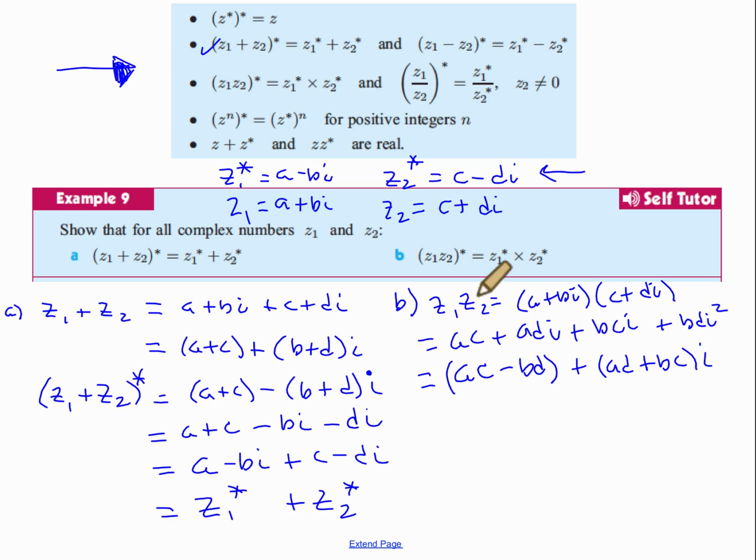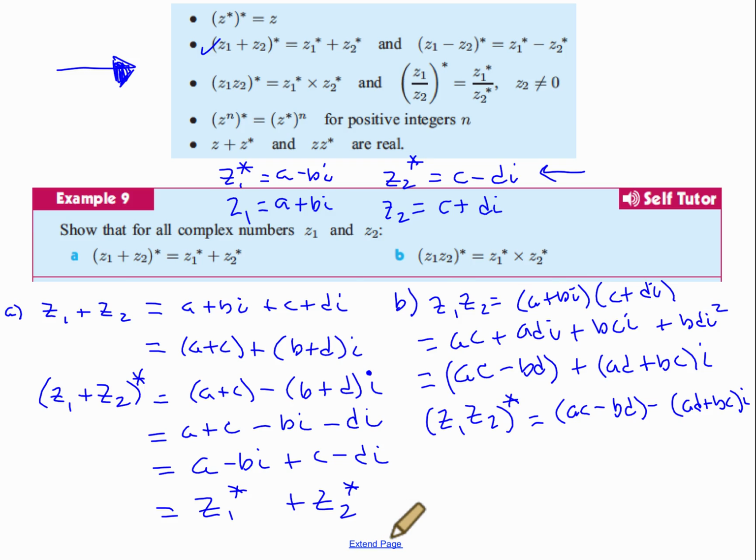So that's z1 z2. So that means that z1 z2 star, which is the complex conjugate of the product of z1 and z2, would simply be the real part, ac minus bd, minus the complex part, ad plus bc times i.